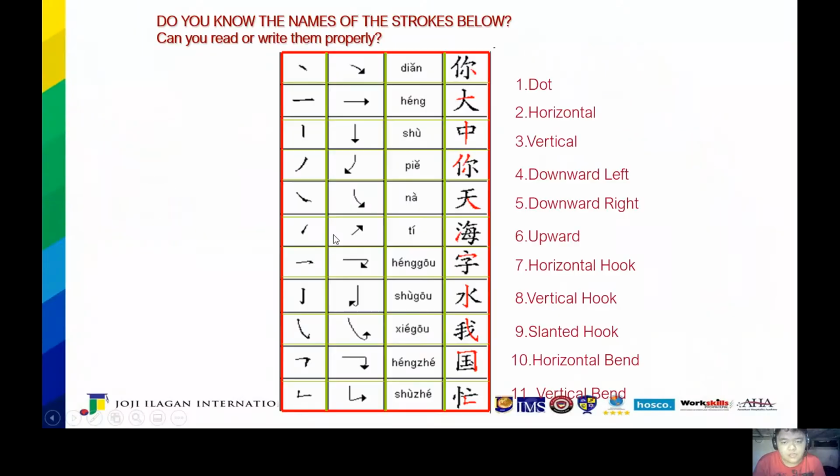Anyway, so those are the 11 basic strokes of Chinese writing. Again, these are the 11 basic strokes. Allow me to share the screen of my phone just for you to see how I demonstrate again writing all of the 11 strokes.